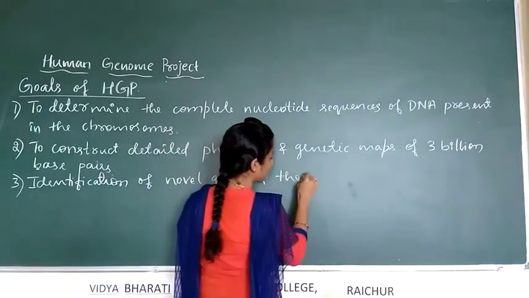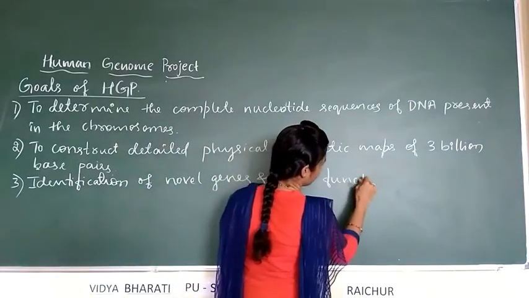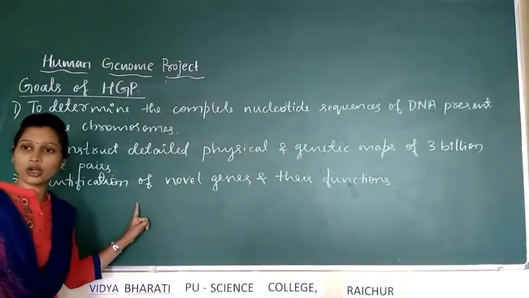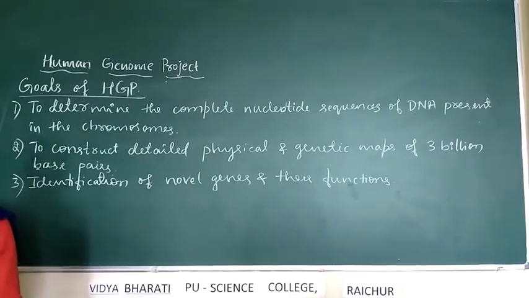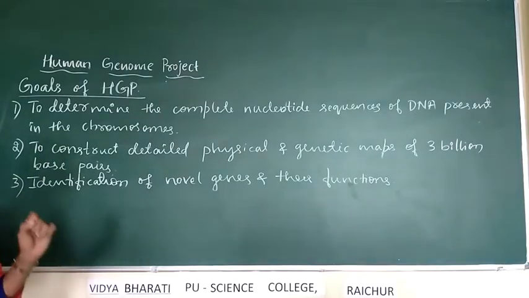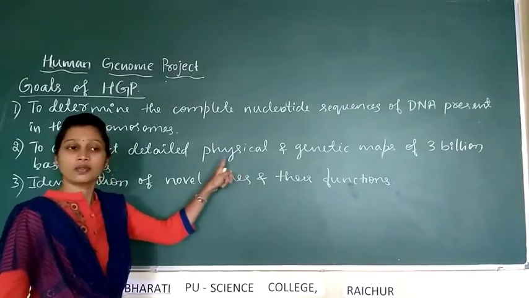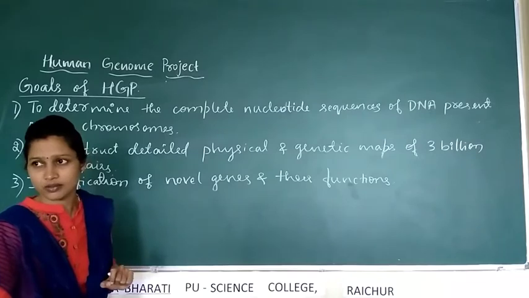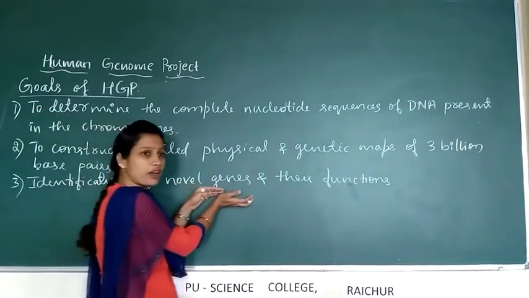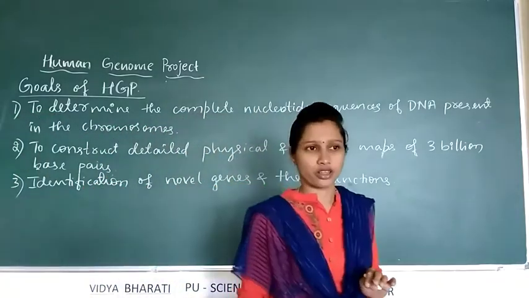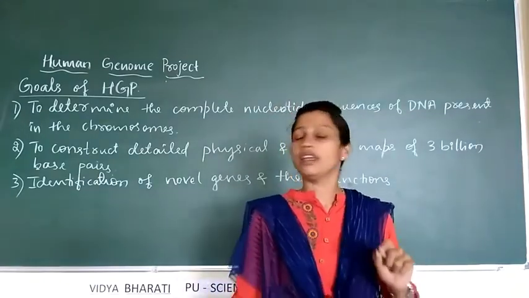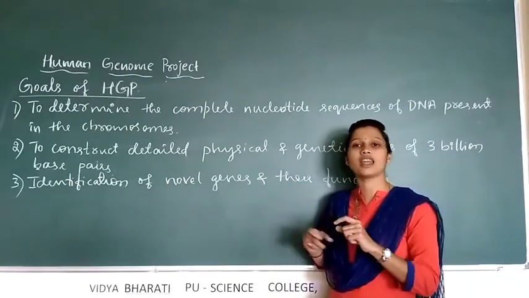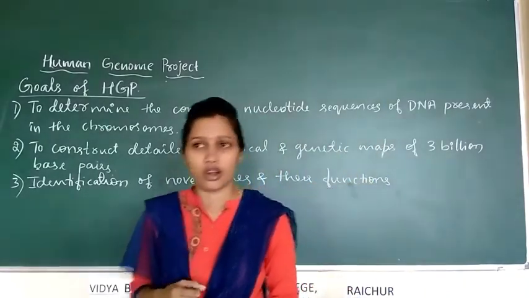If we are able to identify the novel genes, or understand the function of these novel genes, then that will improve our knowledge regarding genetic disorders. These novel genes may be responsible for some genetic disorders. If we know a particular novel gene and its function, then we can easily understand that particular genetic disorder.